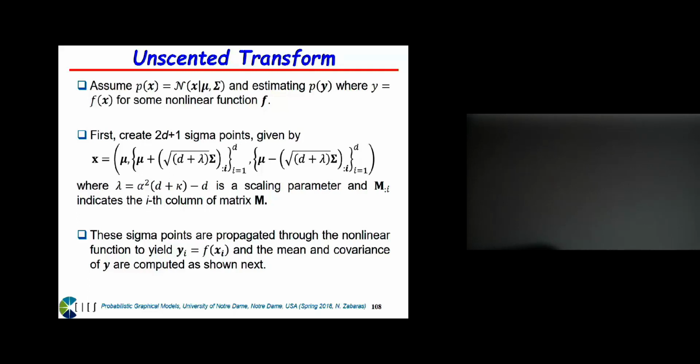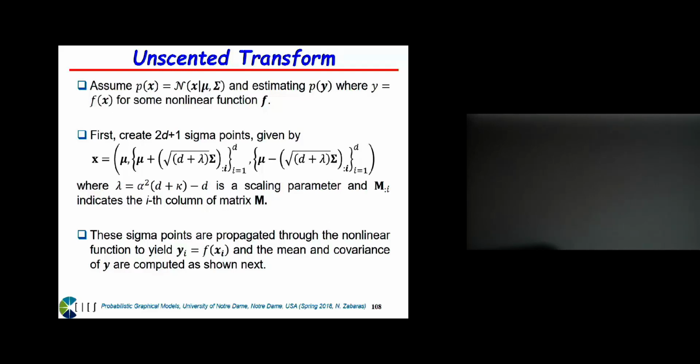These are the columns of the sigma matrix. This is the mean of this p of x. So you calculate the sigma points, and then you pass these sigma points through the function f, and then you fit this data to a Gaussian.